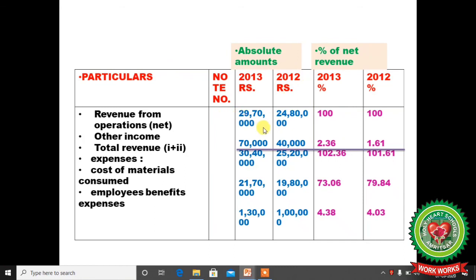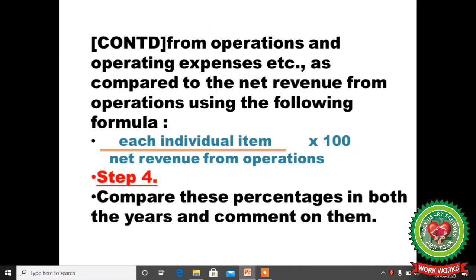Revenue from operation is 29,70,000 for 2013 and 24,80,000 for 2012. How to find it here? 29,70,000 multiplied by 100 divided by revenue from operation, which is the base here. Firstly the formula: each individual item divided by net revenue from operation.